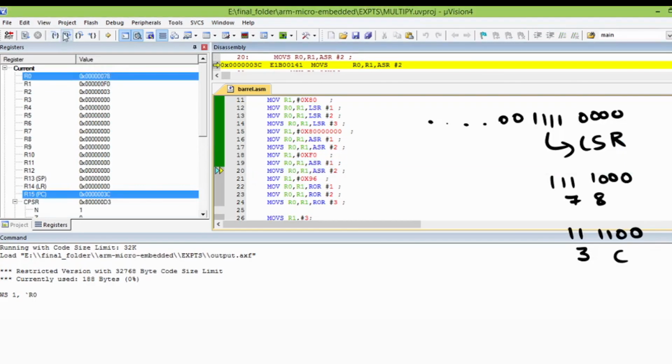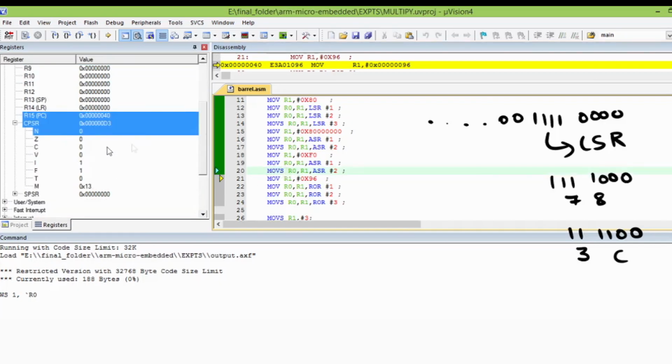Okay, 78 and 3C. We have used S here, so as per the result of this operation, the CPSR content is updated.